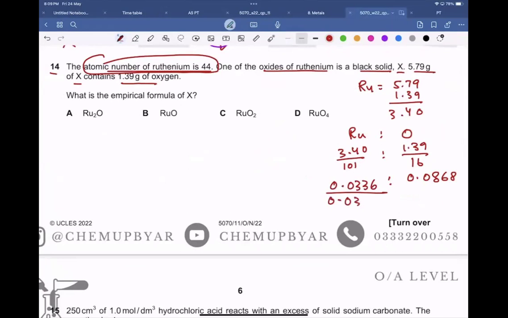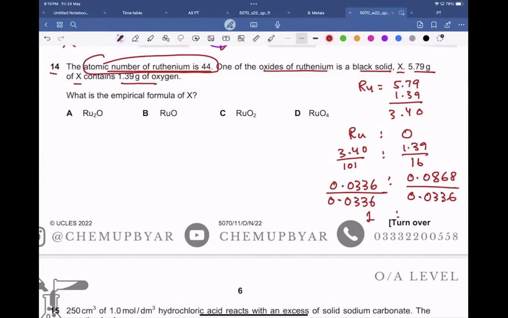So 0.0336 and 0.0336. So over here, I'm going to get one. Then 0.0868 divided by 0.0336, that is 1.39 divided by 16 over 3.40 divided by 101.